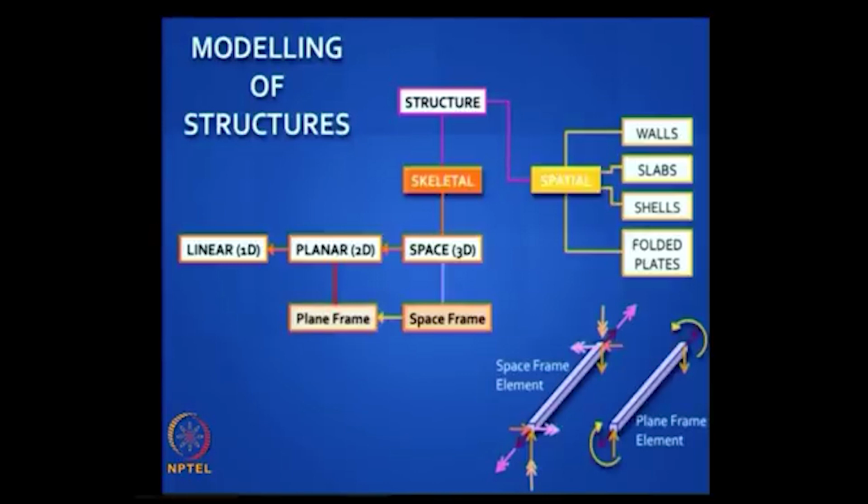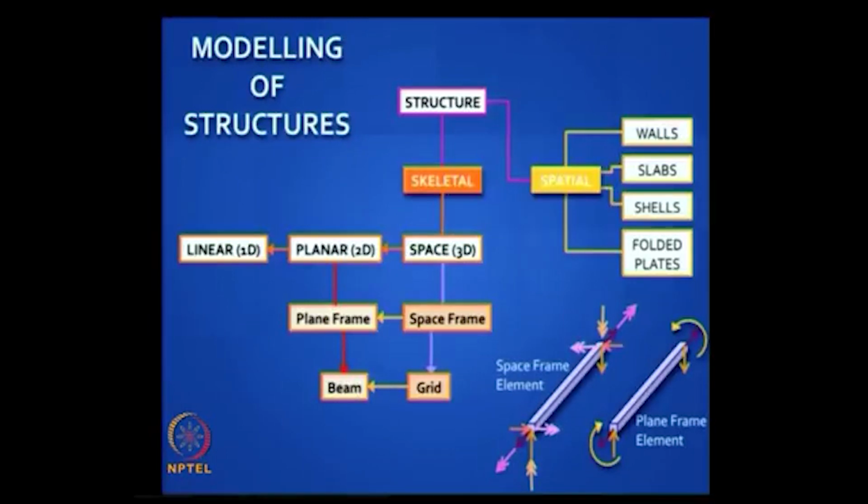So that's pretty complicated. So to simplify, we often reduce the complexity and go to a planar structure which is made up of plane frame elements. So in the plane frame element you just have an axial force, a shear force and a bending moment at any section, and you can see that the planar structure is made up of plane frame elements, and the grid is a special case of the space frame.